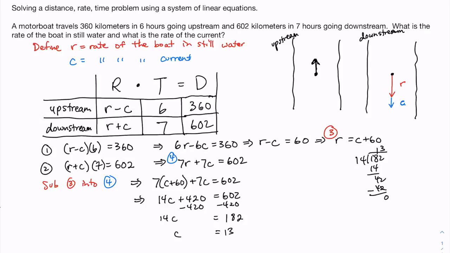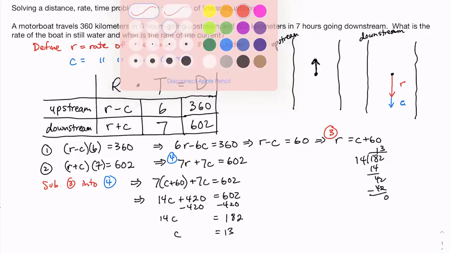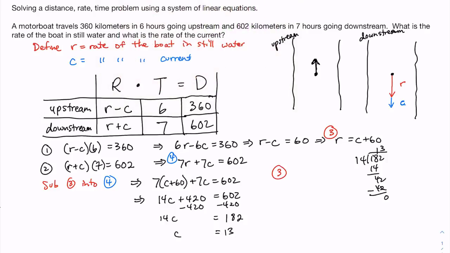How do we get r? Well, r is equal to c plus 60. So let's go back to equation 3. 13 plus 60. 73.